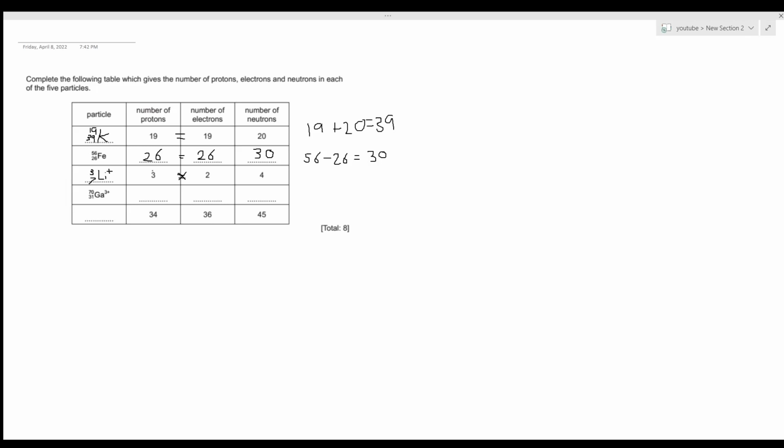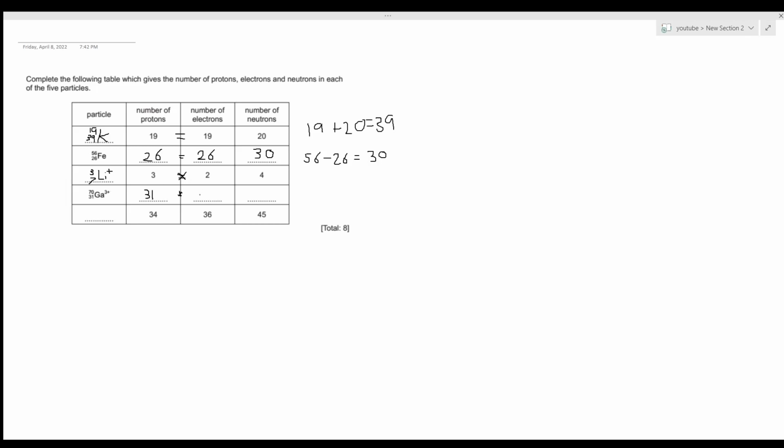Okay, got to do it backwards again here. So the number of protons is very easily always just the smaller number. This time though it's got a 3 plus charge. So that tells me that, again, these numbers are not equal. So I've got 31 positives and I need to make 3 plus, so I'm going to have 3 fewer electrons than I'm going to have protons.